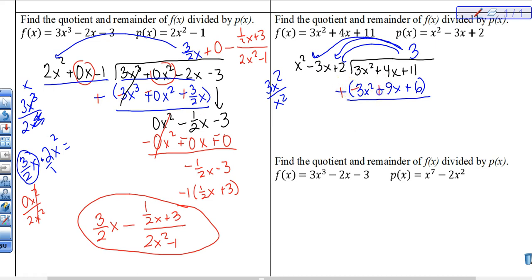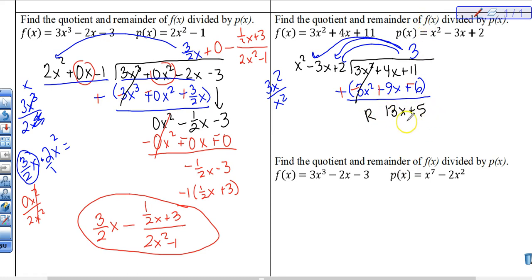Plus, minus, plus, minus. And we were successful because look what happens in our first place. In the squared place. Cancels out. So we get 13x plus 5. And that is the remainder because there's nothing left to bring down.